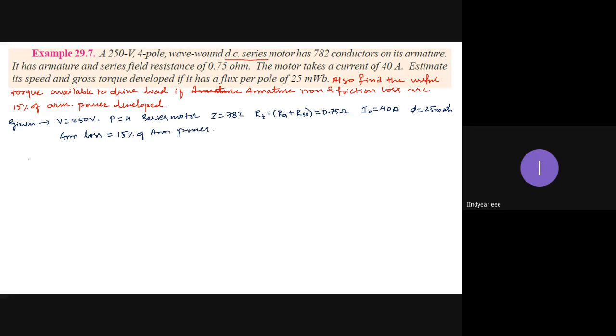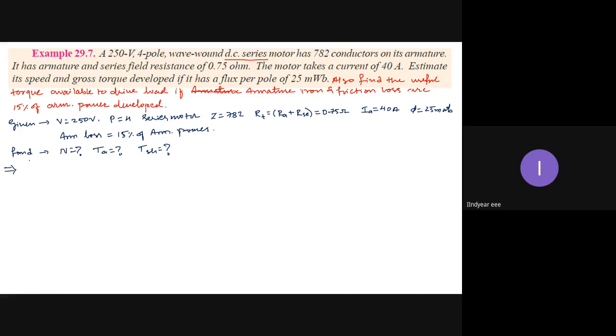These are the given things. Then to find what, I need to find speed and total torque developed and useful torque available at the load. So these three things I have to find.